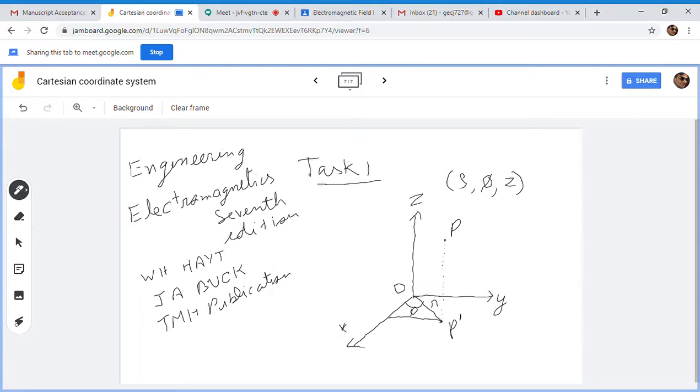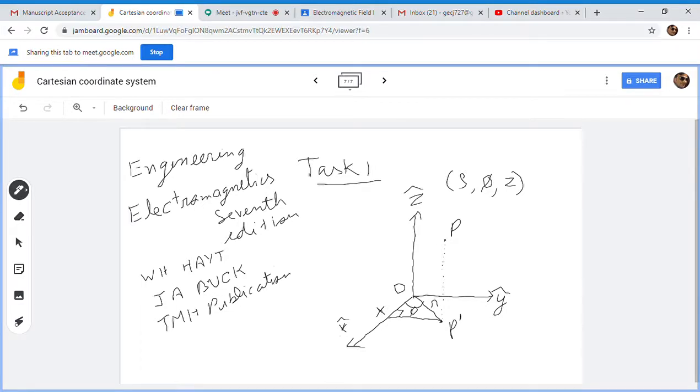So this will be perpendicular. Then only you can get this right angle of OP dash and x. This is the x-axis, y-axis. So this OP dash and x should be a right angle triangle.